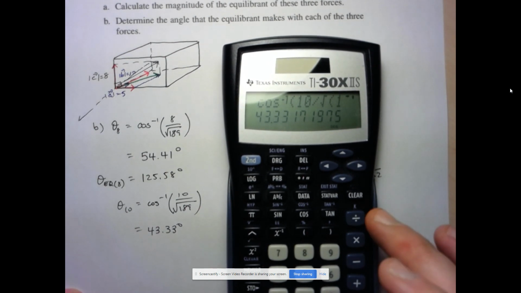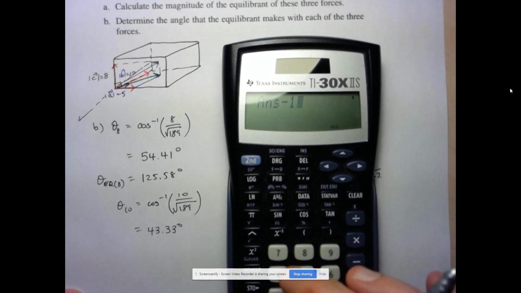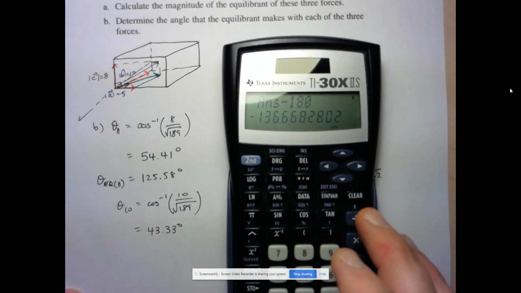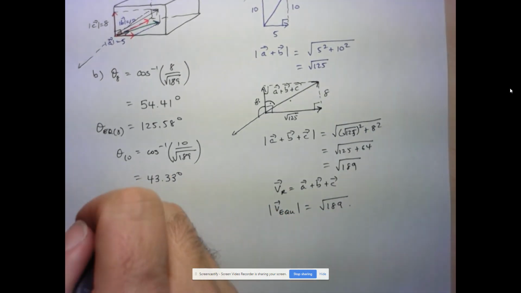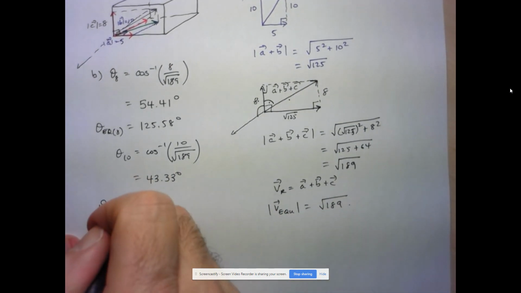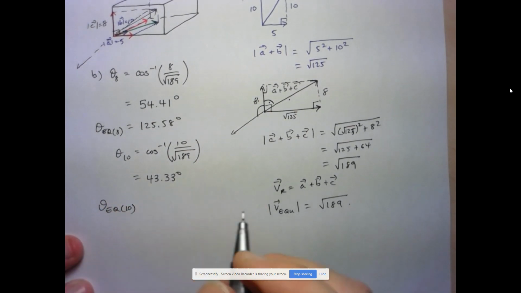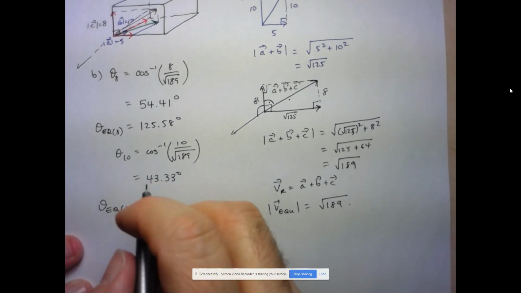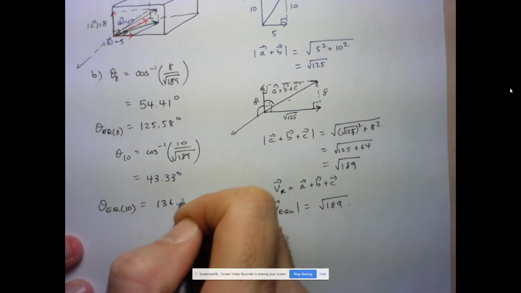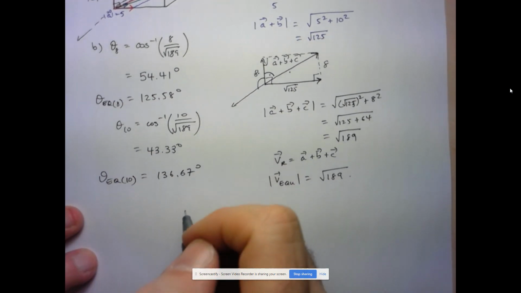But of course I want the equilibrant, so I'm just going to take that away from 180, so 136.67. So the equilibrant angle to the vector with 10 Newton magnitude is 136.67.